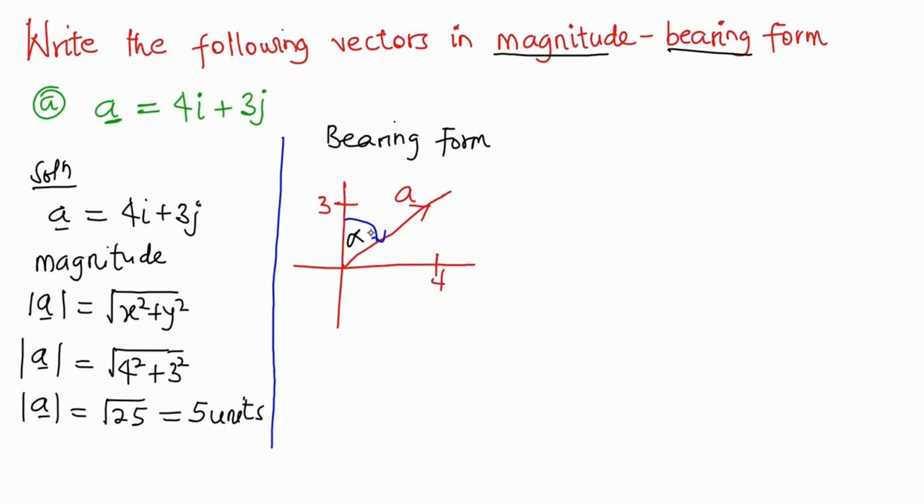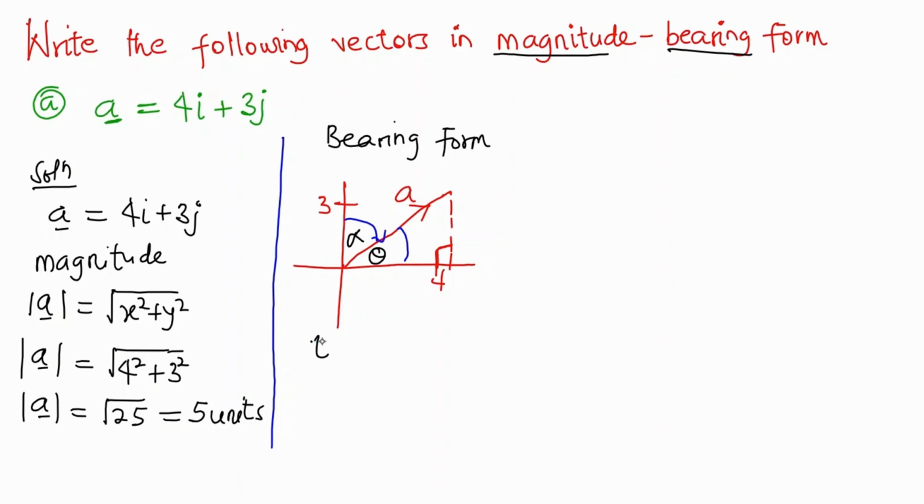So the angle this vector E makes with the x-axis is what we can see here as theta. Theta is the angle with the x-axis, and alpha is the direction or the bearing of the vector. Once we have this done, we can close this side of the vector and it becomes a right angle triangle, with this place being the 90 degrees angle. So the best trig ratio we can use in this right angle triangle is tan theta.